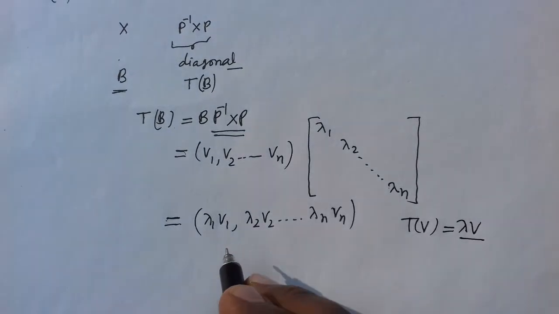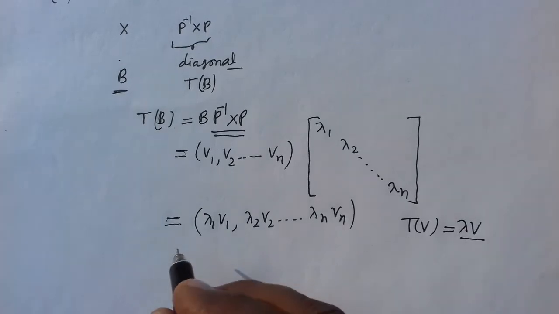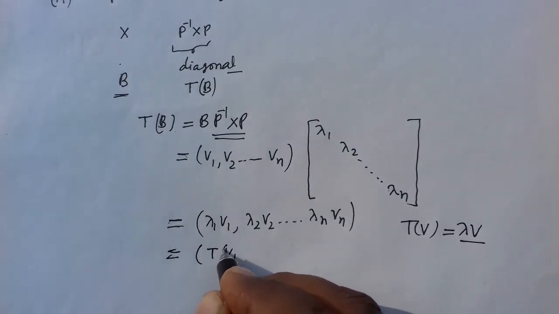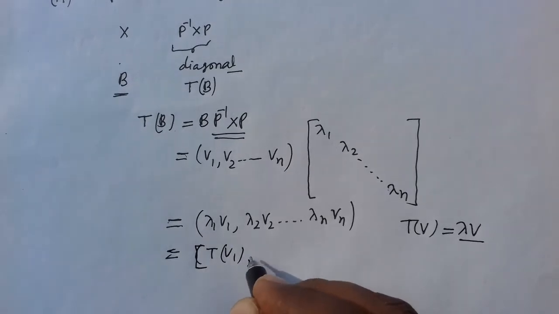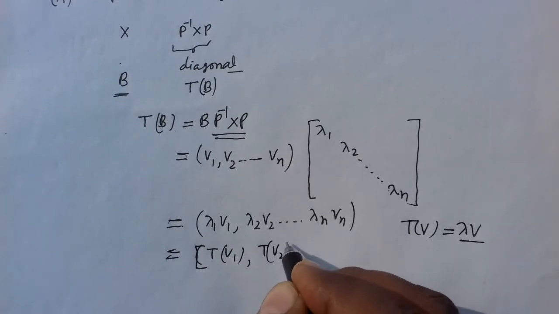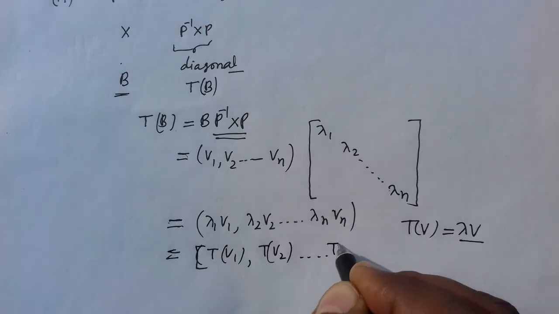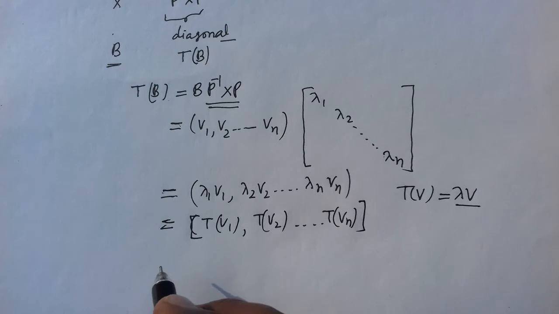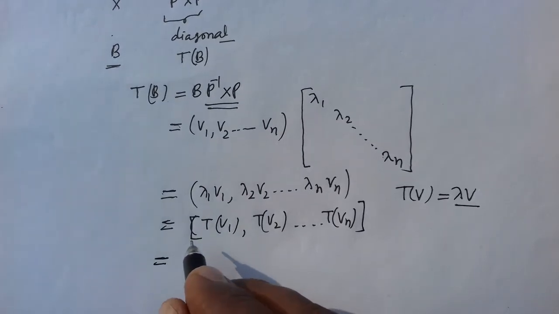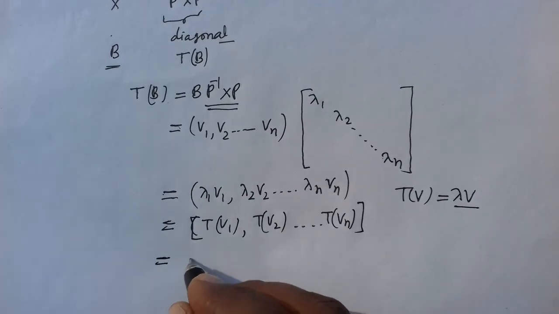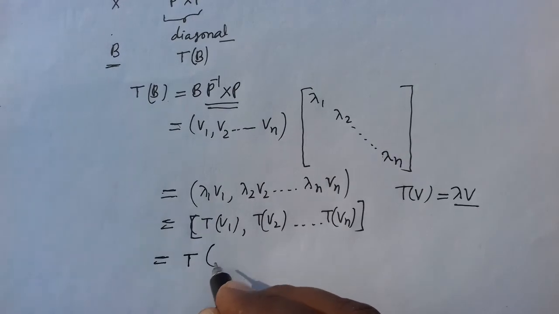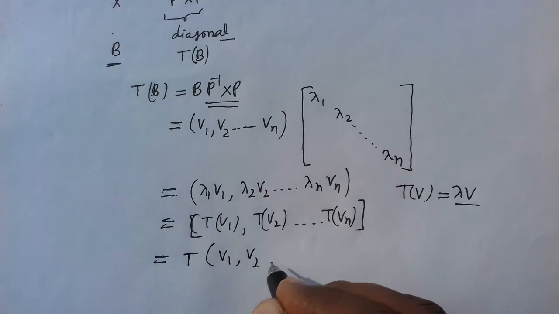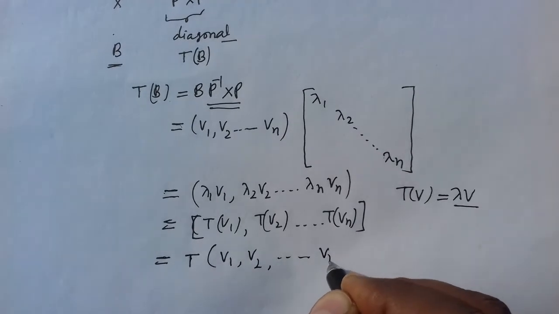So in place of lambda 1 v1 we can write T v1. So this will be T v1, T v2, up to T vn, and using the properties of linear transformation, this can be written as T of v1, v2, up to vn.